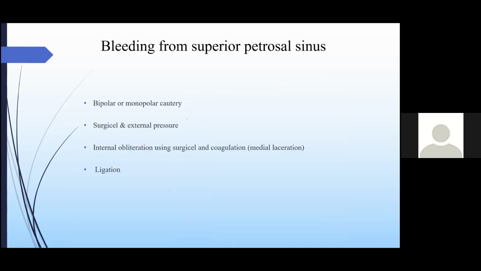In cases of small bleeds of the superior petrosal sinus, a cautery can be beneficial, and Surgicel with external pressure, even external obliteration, internal if possible, can help to control the bleeding. But if it's excessive and uncontrollable, then ligation can be attempted.